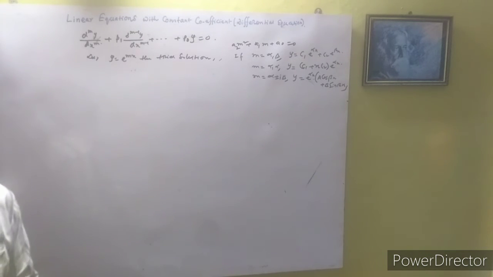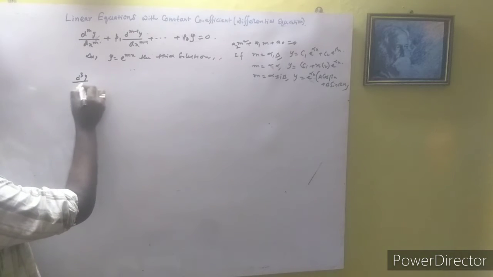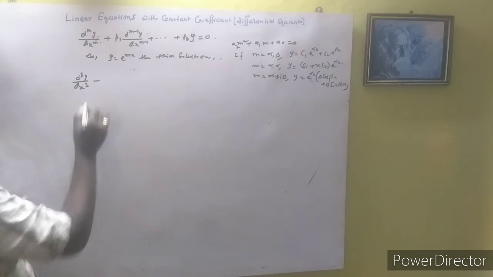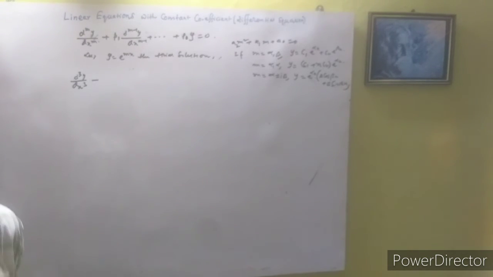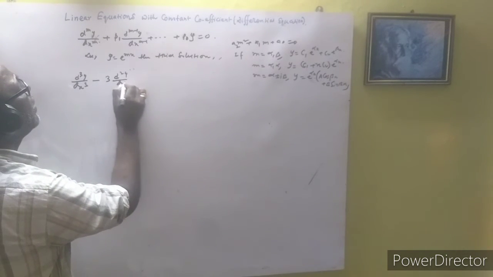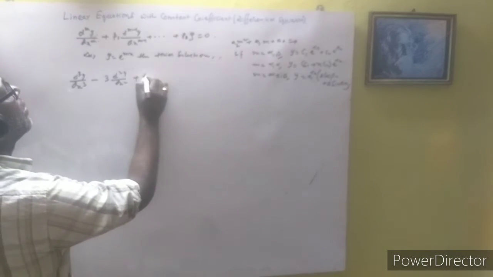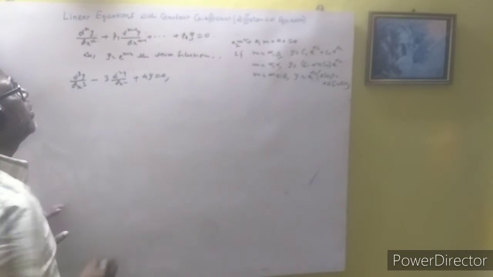Now if the differential equation is like d3y/dx3 minus 3 dy/dx plus 4y equal to 0.